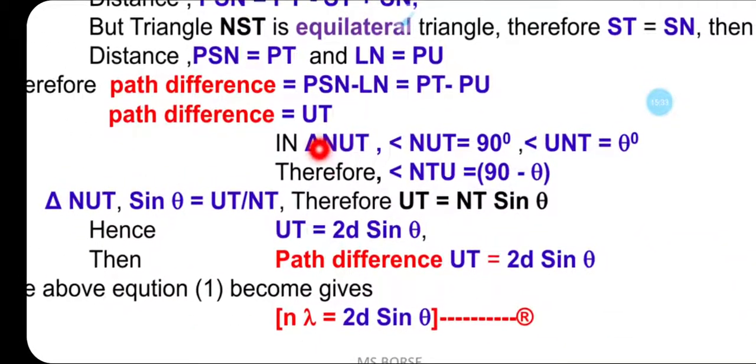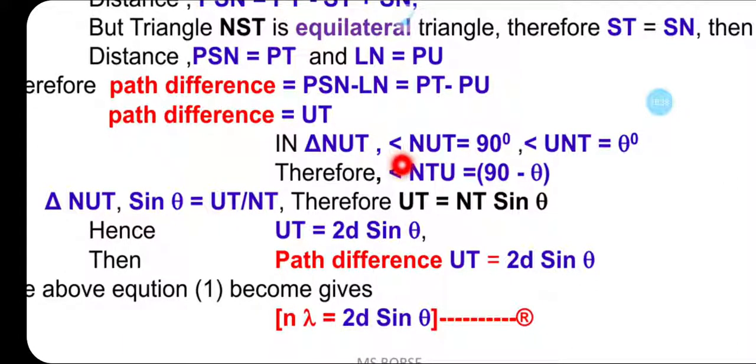In triangle NUT, angle NUT is 90 degrees, angle UNT is theta, therefore angle NTU is equal to 90 minus theta.